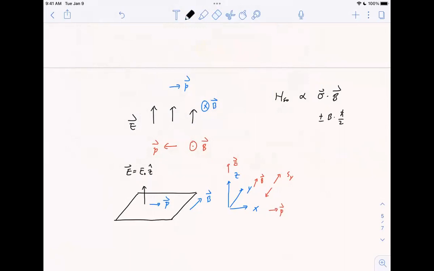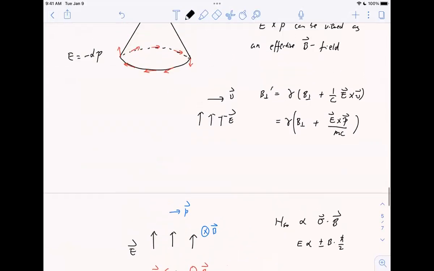This will give you an energy equal to this. Of course, you have the proportionality constant. So the spin up and spin down in the y direction will give you the energy. And the energy is proportional to your P.